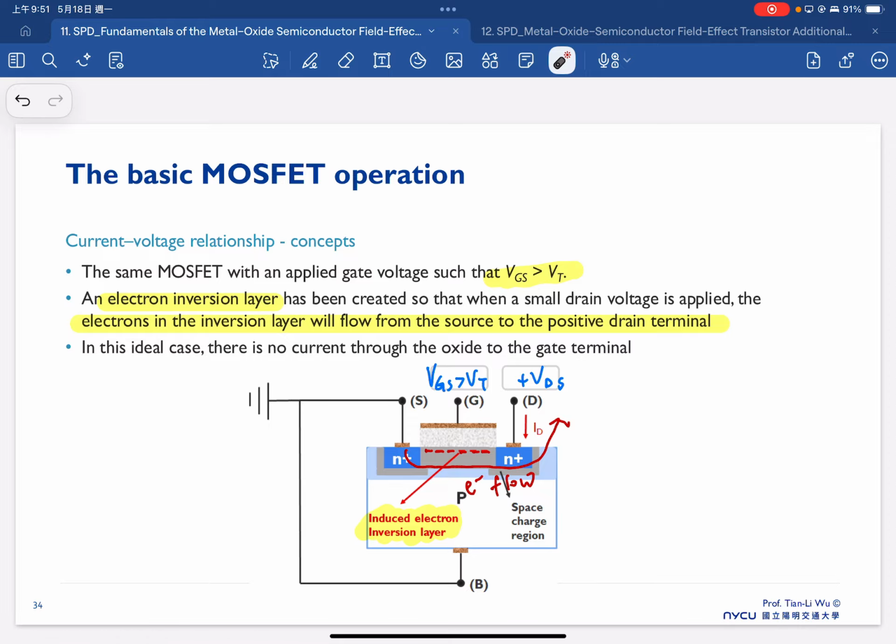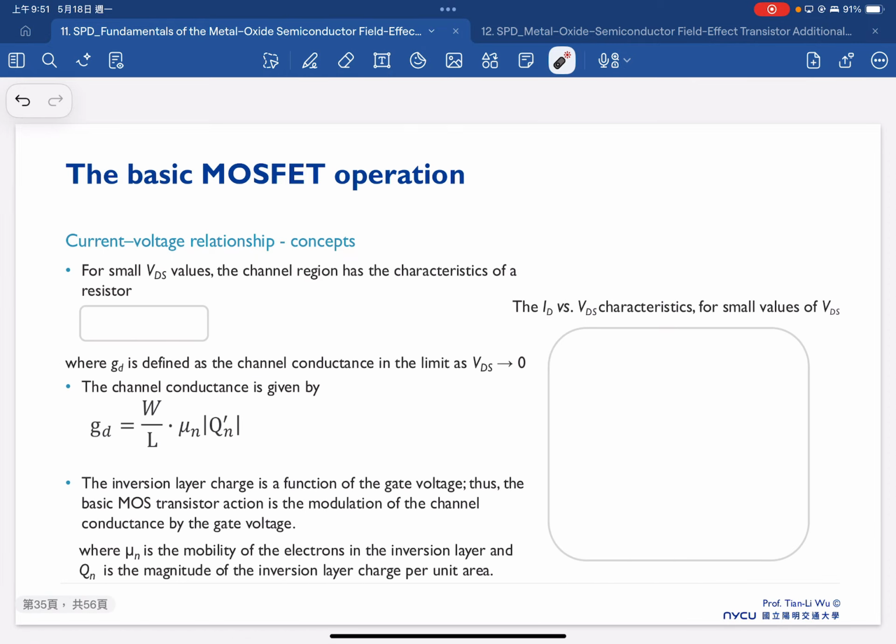Now step by step we can get some more analysis of this current versus voltage characteristic.